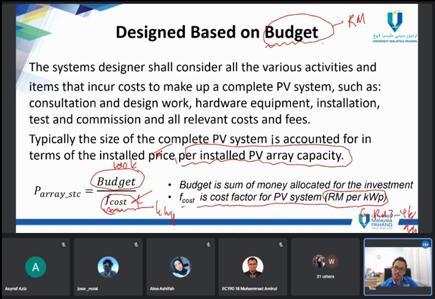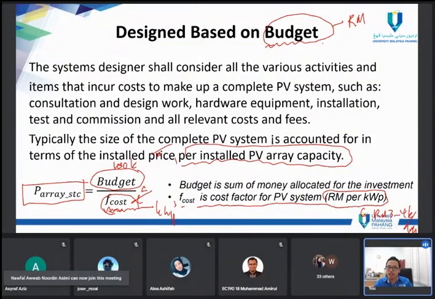Then after that, from the budget, over the F cost, you're going to get the P array. Okay, what is it? P array. For example, 100k and the cost per kilowatt peak is 4k.